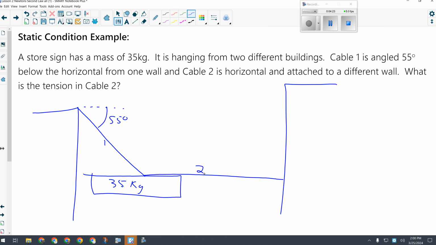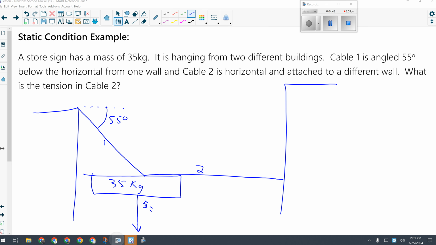Okay. Because this cable is horizontal, it cannot act to counteract any of the sign's weight. Because which way does weight act? Down. Okay, so if weight acts down, cable 2 is not offsetting this force that we haven't drawn on there yet, okay, the force of gravity.